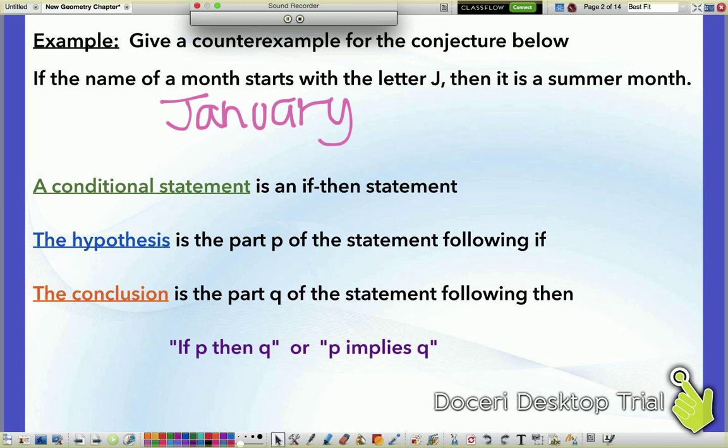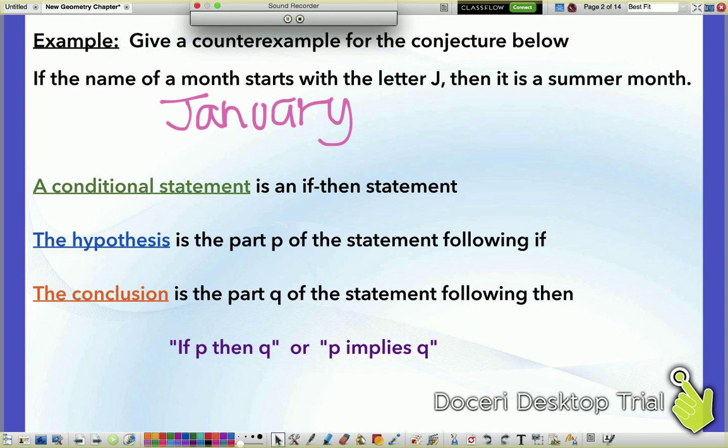Okay, so that's kind of what we're going to do, and then we're going to write conditional statements. A conditional statement is an if-then statement. So if it's cloudy out, then it'll rain. Okay, that's an example of a conditional statement.